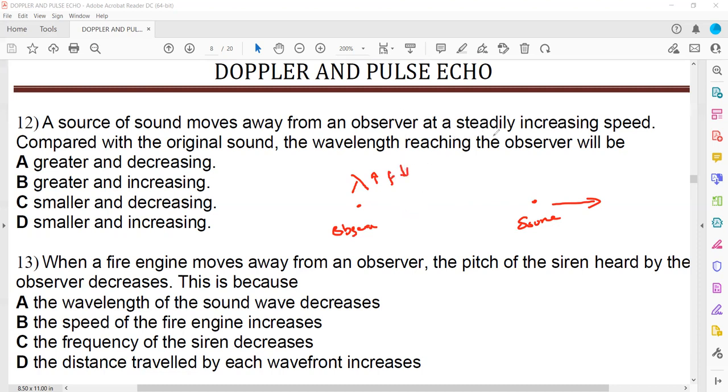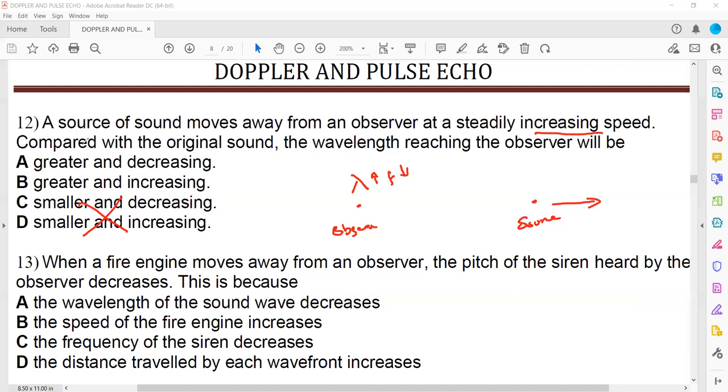Because the object is accelerating, the wavelength will continuously increase, becoming a longer wavelength and continuously increasing. So when we check the options, the wavelength will not be shorter, so C and D cannot be the answer.